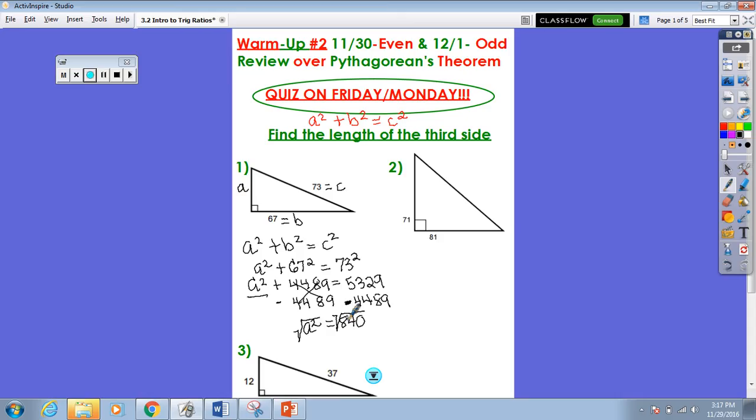Now I'm pretty sure that 840 is not a perfect square, so we are going to round our answer to the tenths place. Okay, tenths. That's one place behind the decimal. So to get the square root in our calculator, remember you hit your second button, which is your blue button, and x squared, and then type the number in.